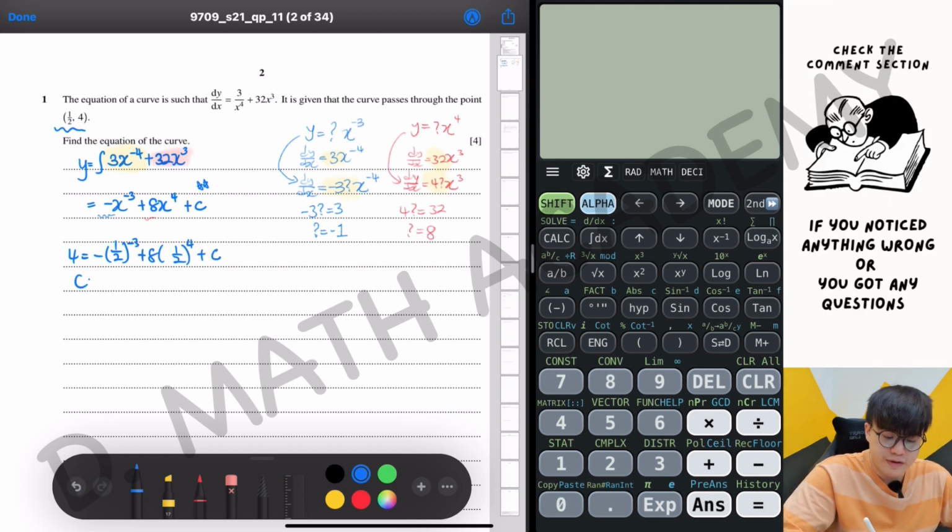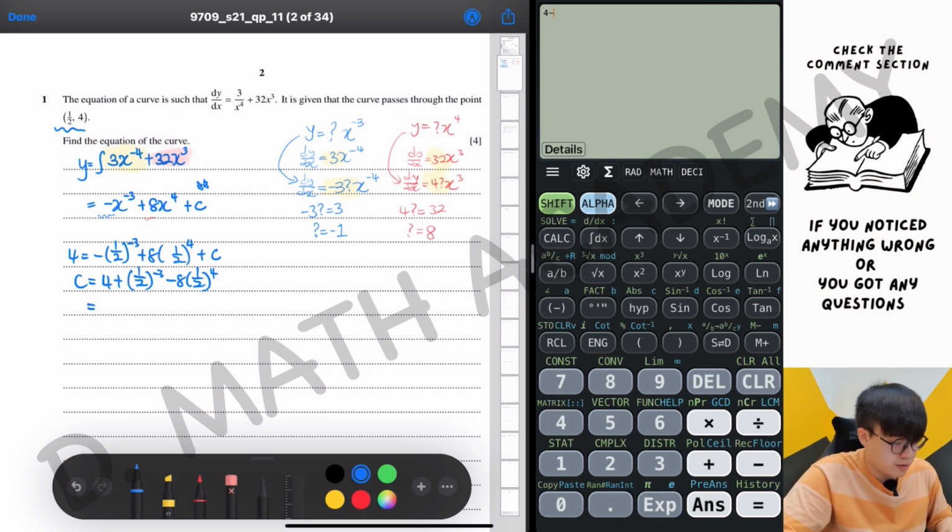So to identify your C, it will be 4 plus this minus all of the details here. Then you will get to your final answer. Let me run the calculation.